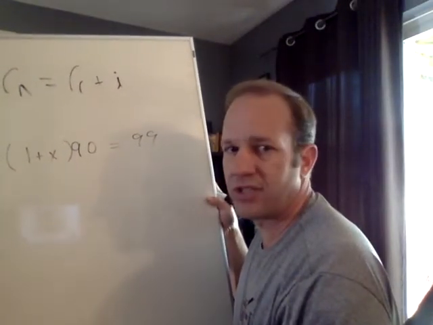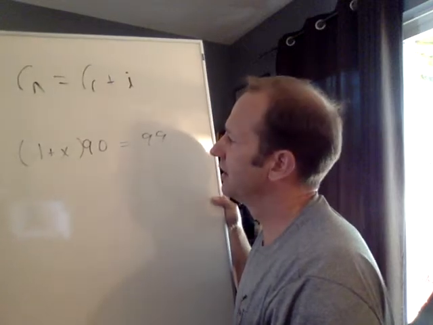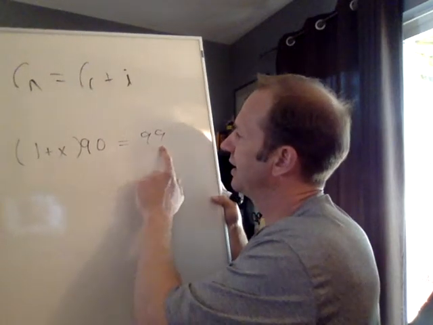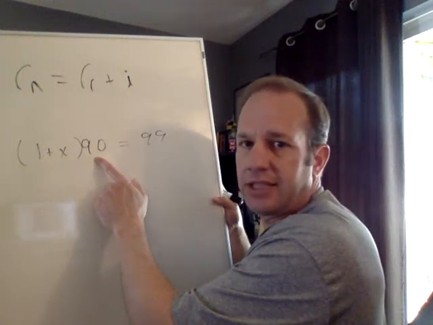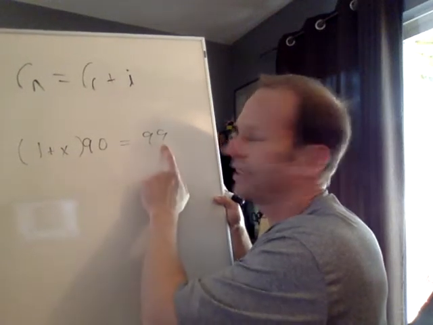I think most of us see in our heads that 99 is 10% more than 90. We increase 90 by 9 to get to 99.